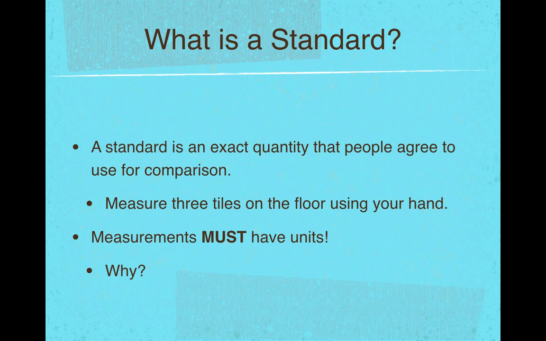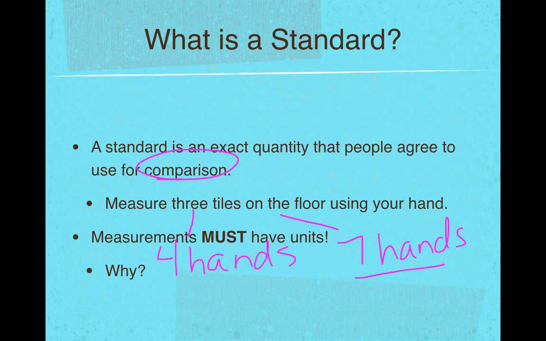The other thing that we have to talk about is that all measurements must have units. If you give me a number and tell me it's 6, I don't know what this 6 is. Is this 6 cats, 6 dogs, 6 inches, 6 kilometers, 6 grams? I don't know.